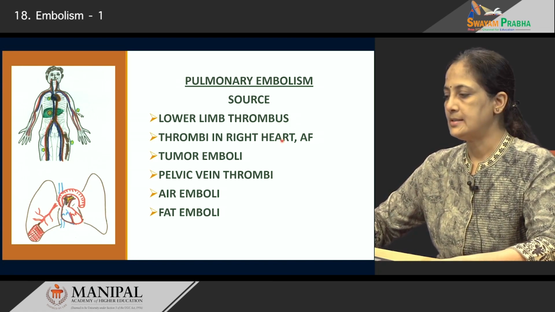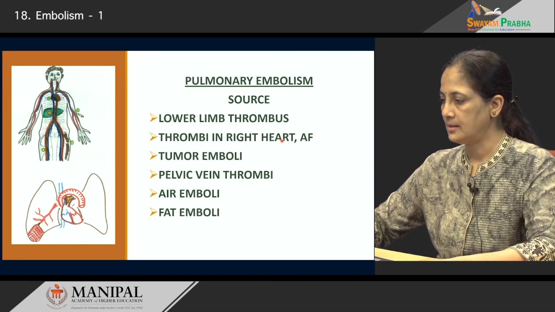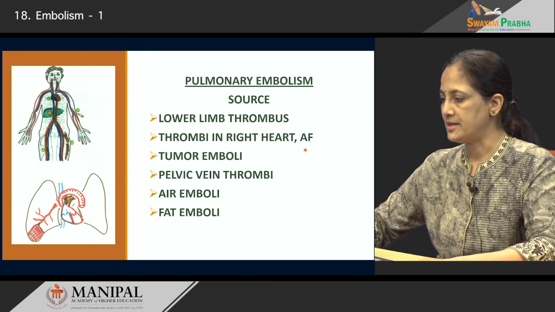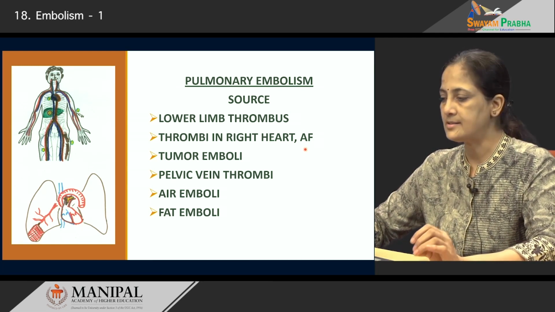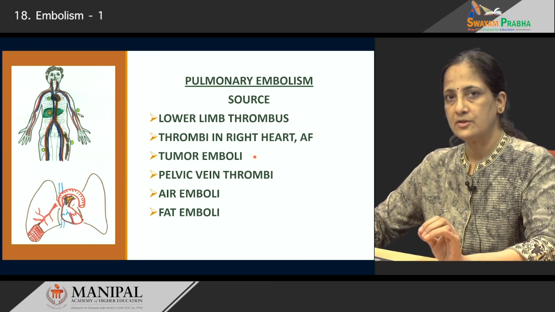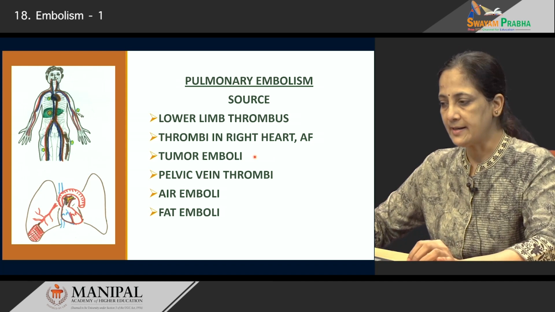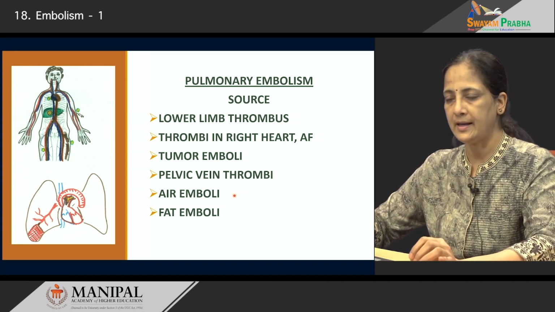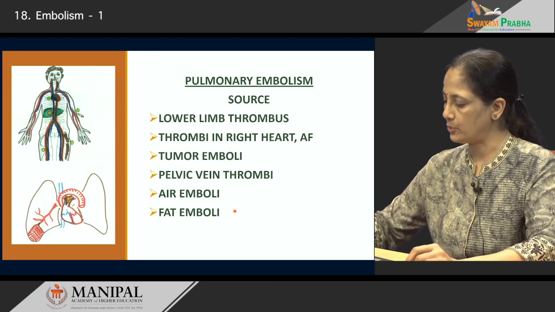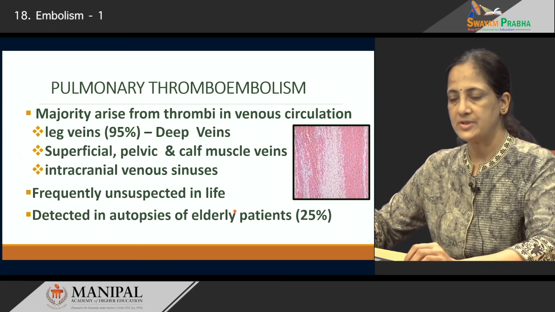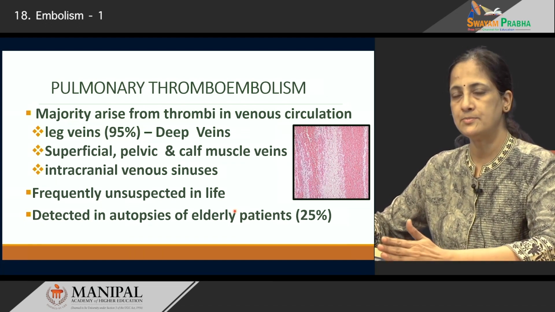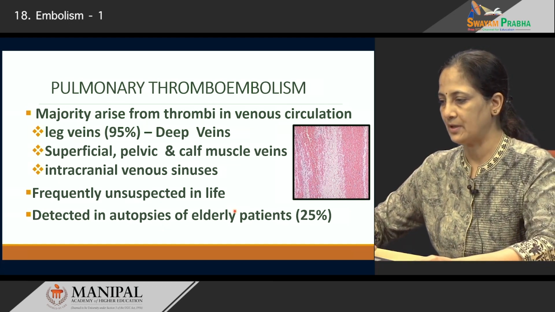Sometimes thrombi can arise within the right side of the heart, and sometimes in associated atrial fibrillation, fragments are dislodged and enter the pulmonary circulation. Besides thromboemboli, tumor emboli can enter the pulmonary circulation, as also air emboli and fat emboli. We will now stress on pulmonary thromboembolism and deal with the other types of emboli in another session.